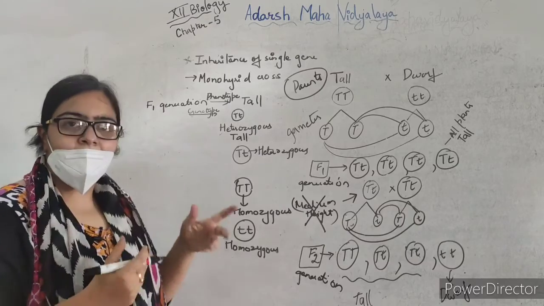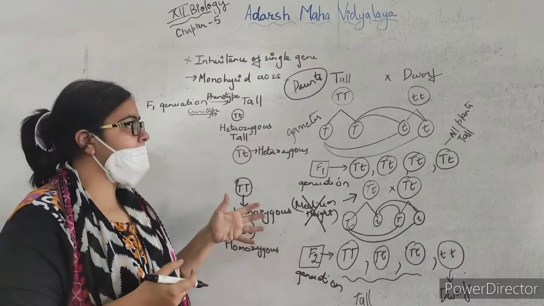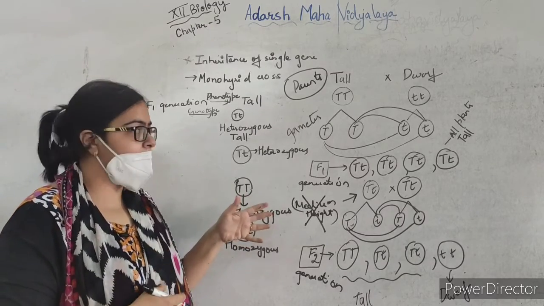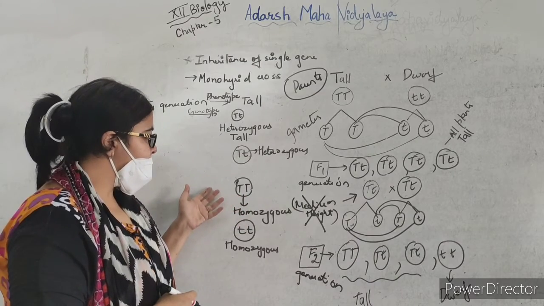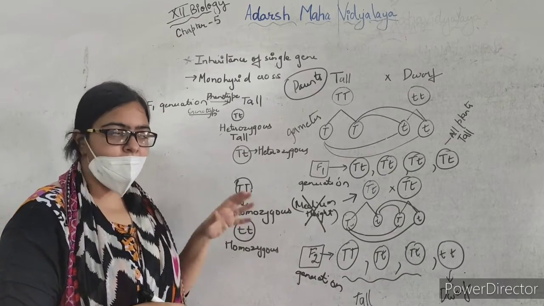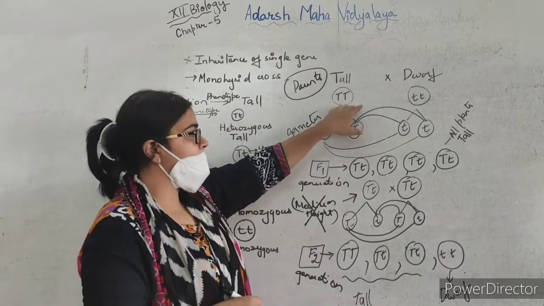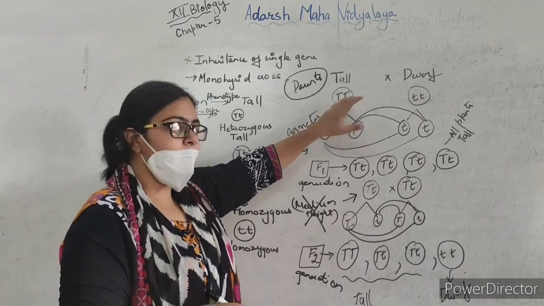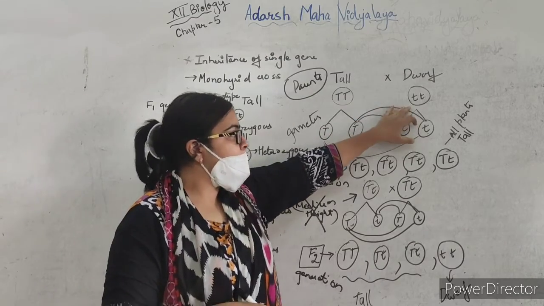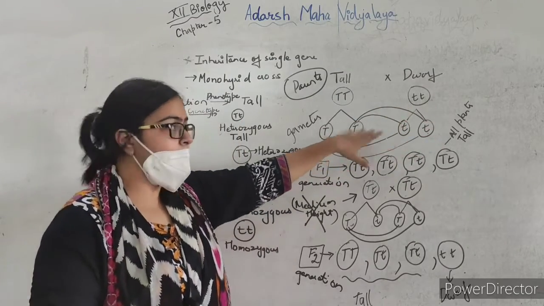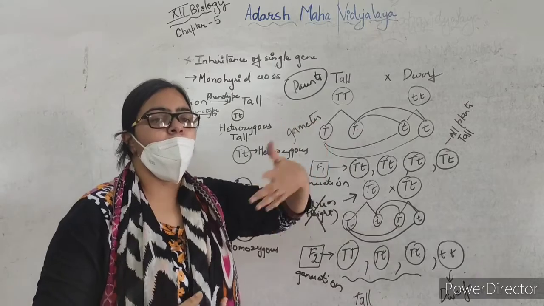Okay, you can take any letter from the alphabets, but it is easier if we take a capital letter for expressing the dominant trait and a small letter for expressing the recessive trait. You can also take different letters, but that will make you more confused.